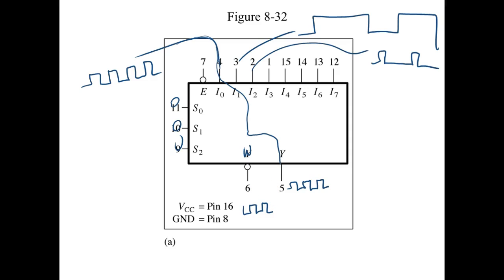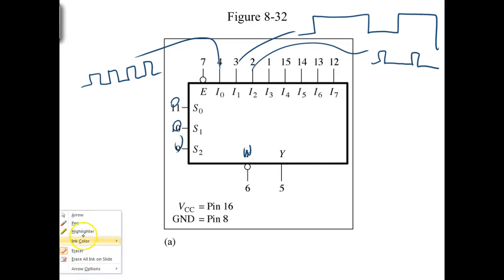Which one do you want to send down line? If I came over here and put this on the select inputs, see if I'm still erasing. I've only got 3 of them in here. So let's say I come up here and put a 2 on there. So a 2 would be this, right?